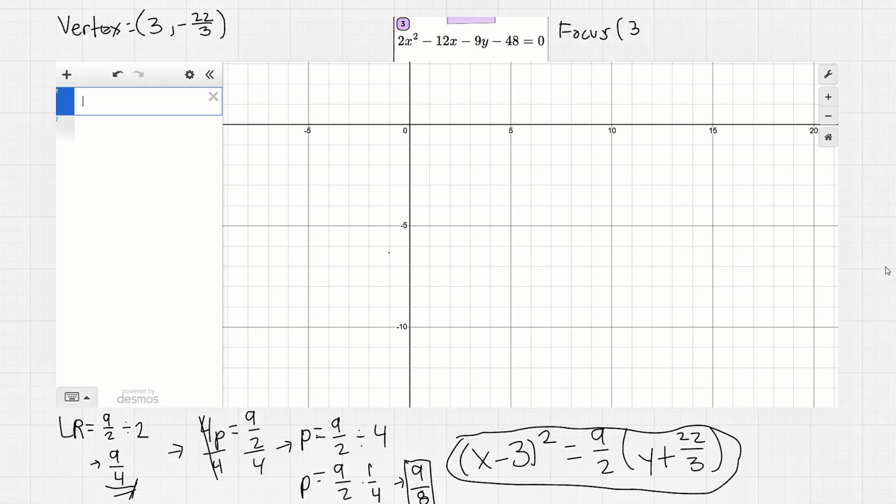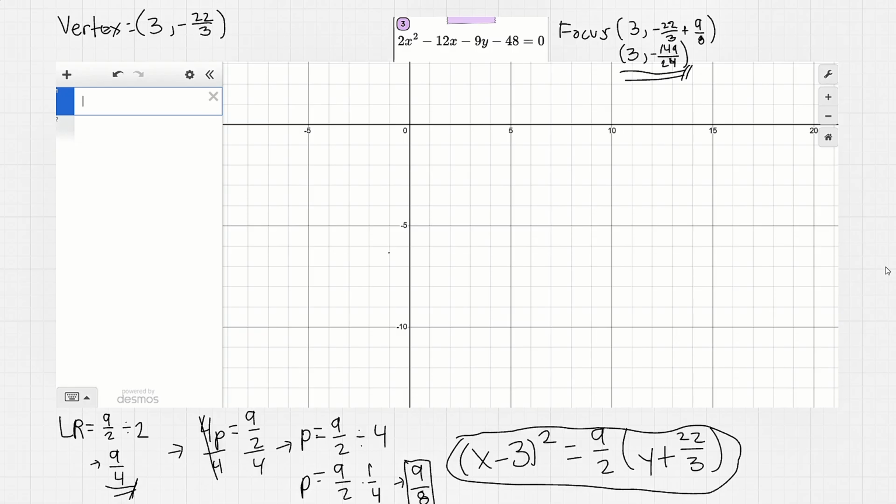So we're going to start in our vertex, which is 3, negative 22 over 3, plus our focal length, which is 9 over 8. Let's simplify. 3, negative 22 over 3 plus 9 over 8. We will get negative 149 over 24. So this is our focus.